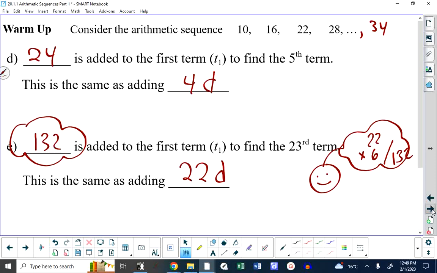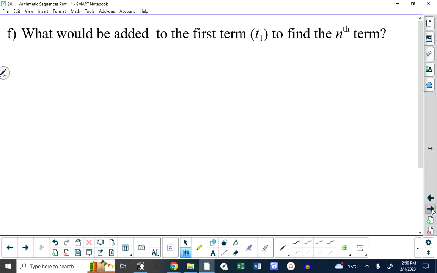So now, to take a step away from the concrete and actual numbers, let's talk about something a little more abstract. What would I add to the first term to get the nth term? Any takers? Yeah. N minus 1 common differences.